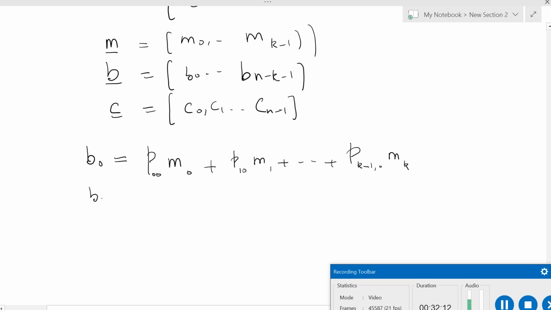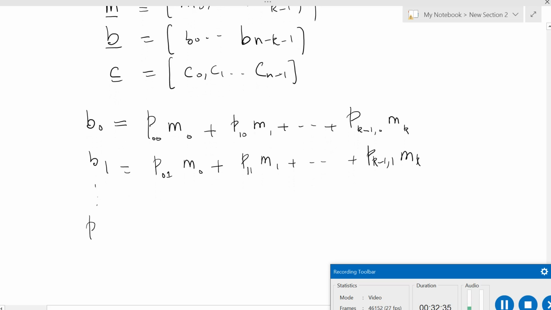Okay. Similarly, B1 is equal to P01 M0 plus P11 M1 plus Pk minus 1 1 Mk minus 1.